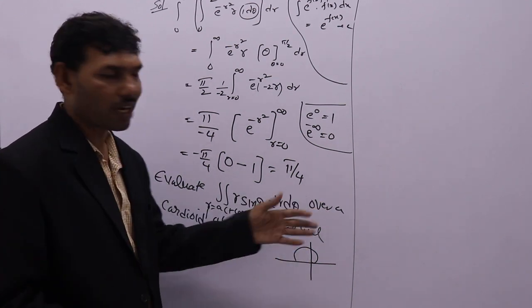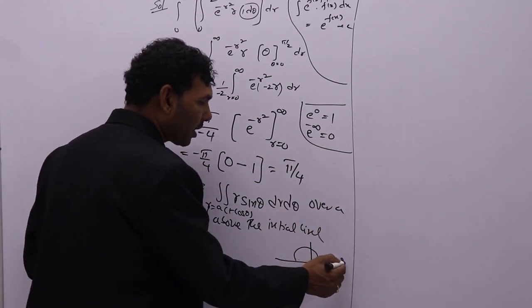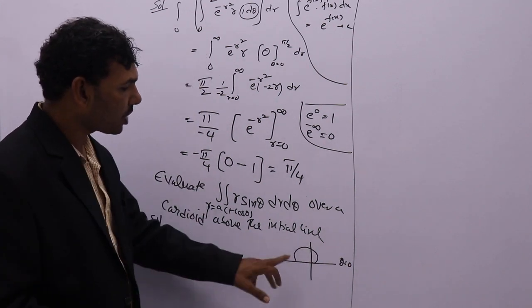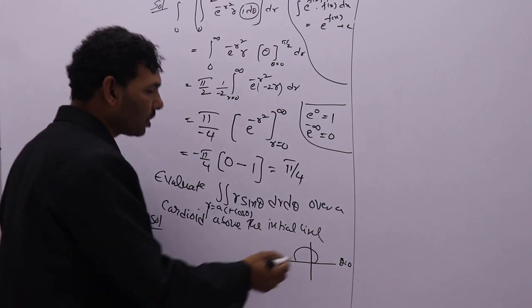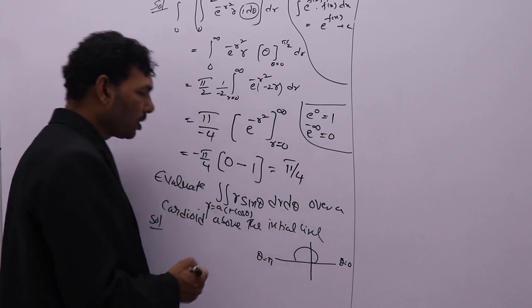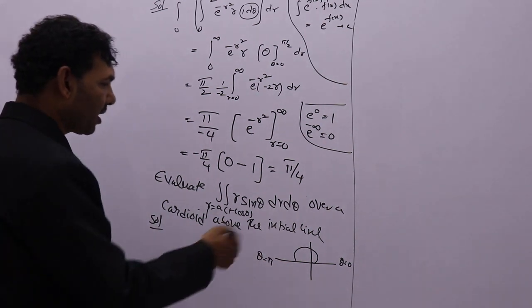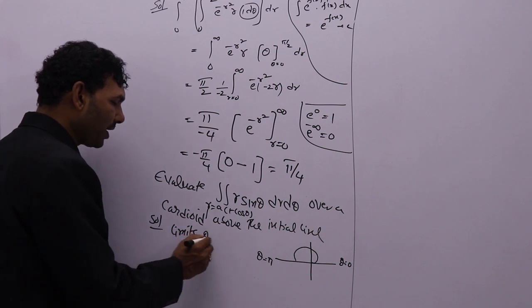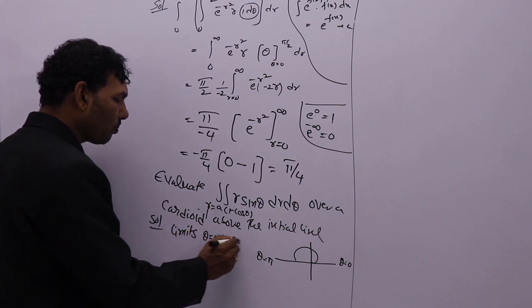Above the initial line, this line is called the theta equal to 0 line. We call that the initial line. Above the initial line, the cardioid will be like that. So this will be from theta equal to 0 to, this is the theta equal to pi line. So the limits of theta are evaluated, theta 0 to pi.